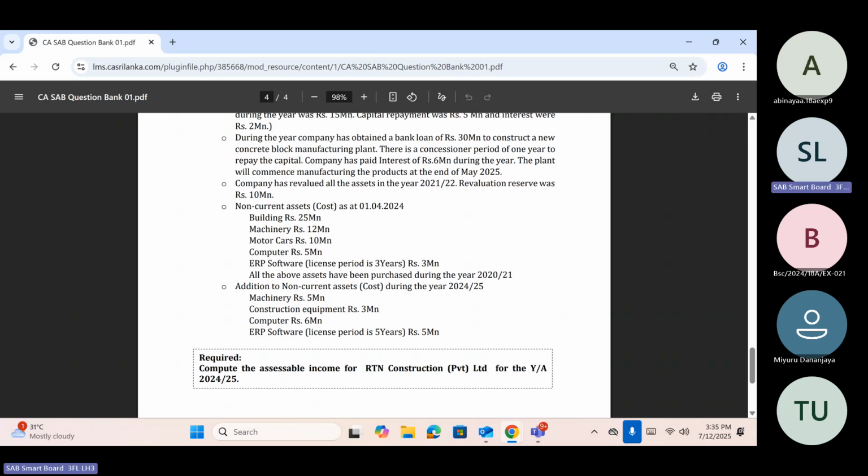From there we can deduct only the qualified payment. Because this is a company, it could be a donation to an approved charity.